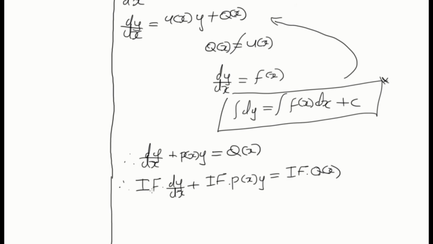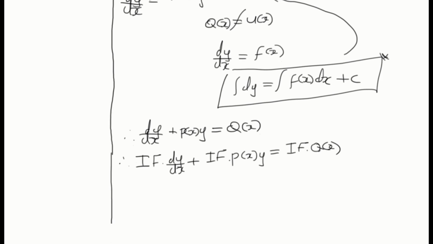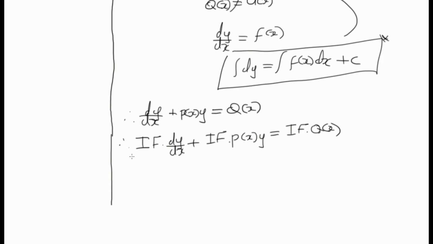So what is the target? Why are we doing this multiplication? Our goal here is to put together these two terms into a single term, because we want to actually get something of this kind.